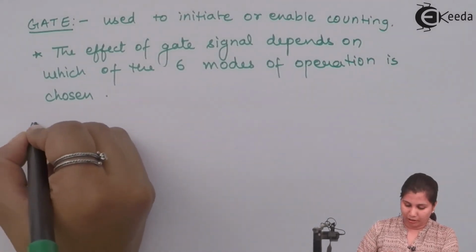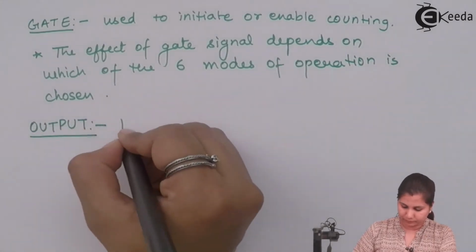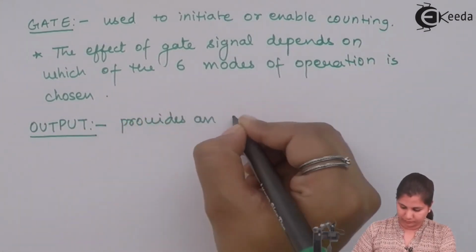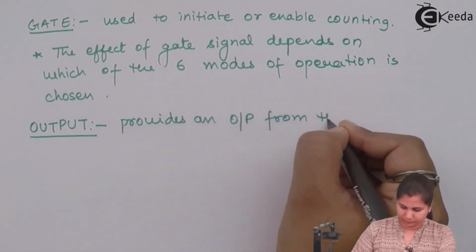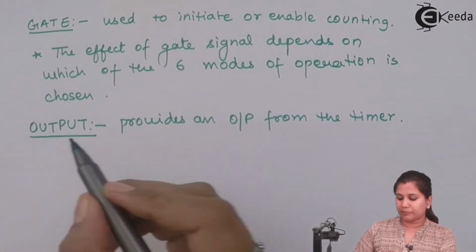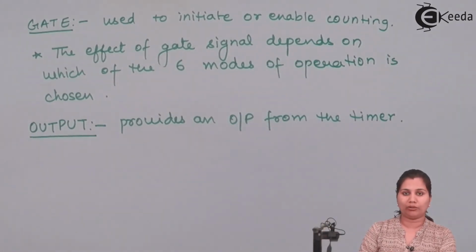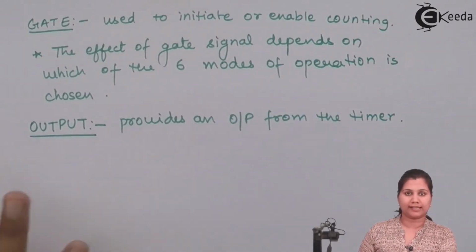Then we have the output signal. This signal provides an output from the timer, so that if we want to read the count value at any instant, we can read it from the output signal.